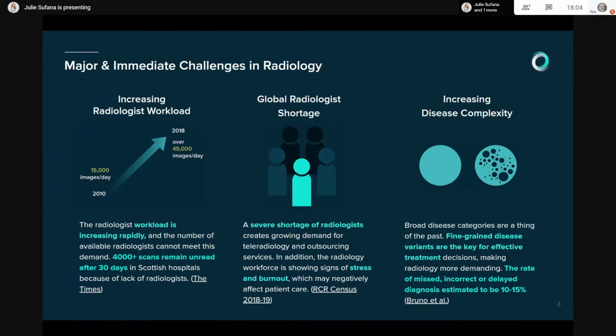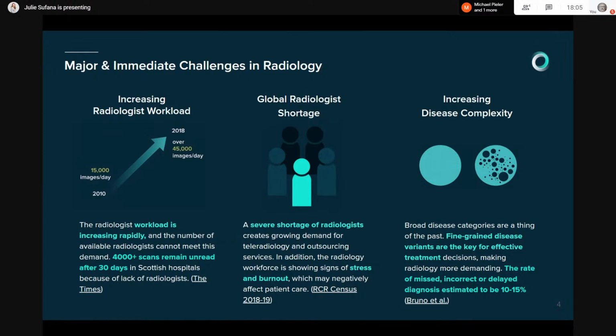And then on top of that, new treatments are actually requiring more complex diagnoses. So a radiologist may spend up to 20 minutes just searching for information to help them with a single case. And if you combine all those factors, you have fewer people doing more work that's more complex. And we know that that leads to a lot of delays and missed findings and really high overtime expense.